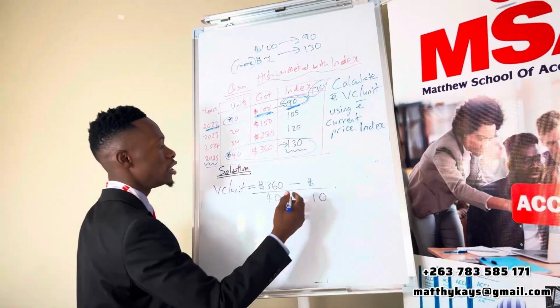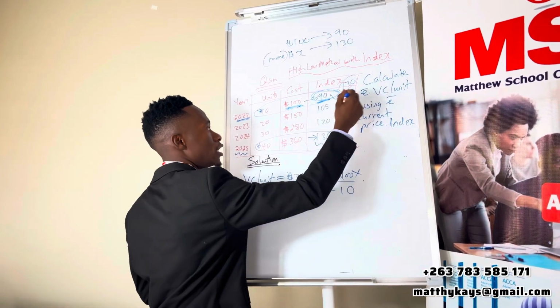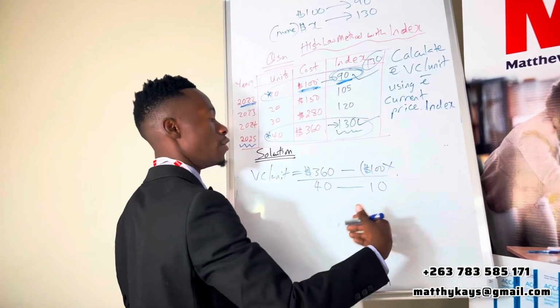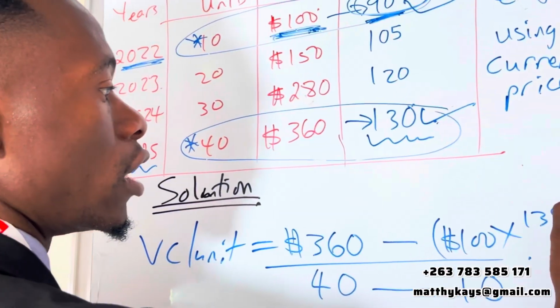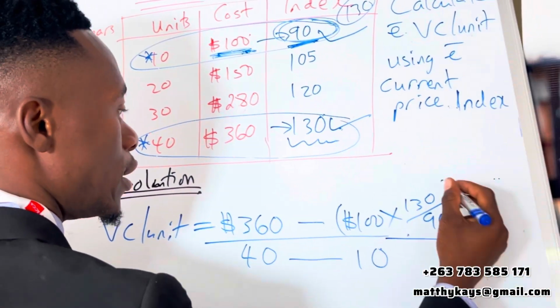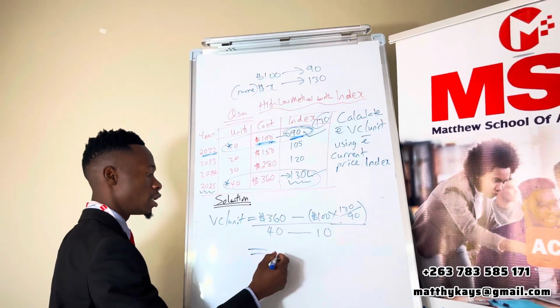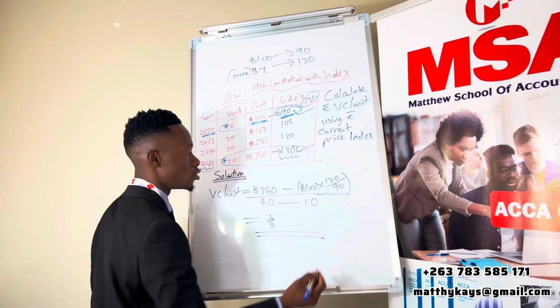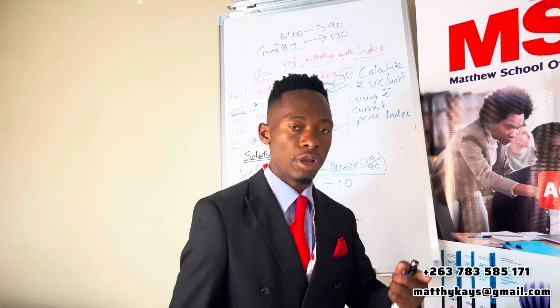Or an easy way of doing it, I'll simply say 100 multiplied by, we are comparing the index of 90 and 130. For my answer to be more, I'll say the index of 130 over the index of 90. It will be like this. Then you solve your question and you calculate your variable cost per unit. This is it, guys. That's the high-low method with an index.